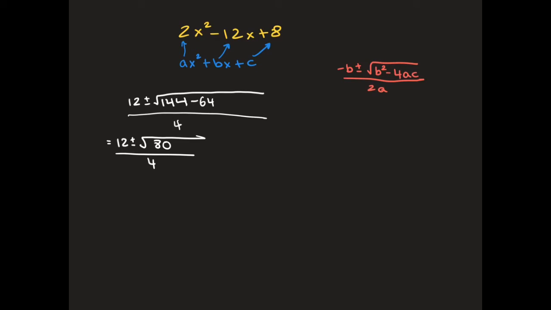And now this is the part where you actually have to simplify that square root as much as possible. Sometimes it cannot be simplified, and that's when you have a prime number. However, 80 can be simplified, so we'll just break that down.